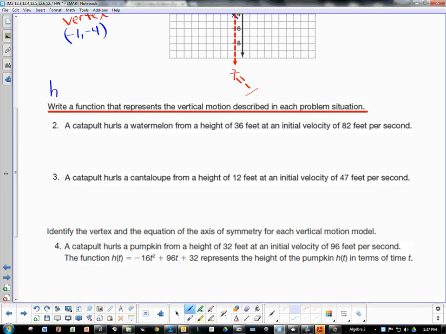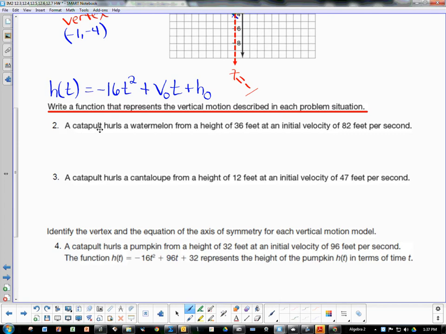The height in terms of the time, so the height at some time t, is equal to negative 16 t squared plus initial velocity, which is v sub 0, times t, plus initial height, which we call h sub 0. This initial velocity is just the velocity at time equals 0. This is the height at time equals 0. So we're going to use this throughout these questions here.